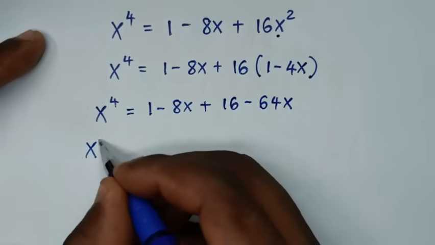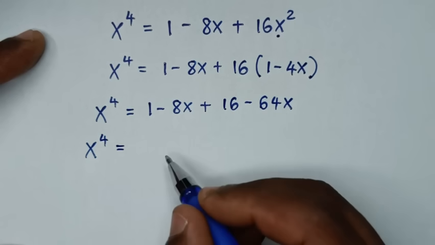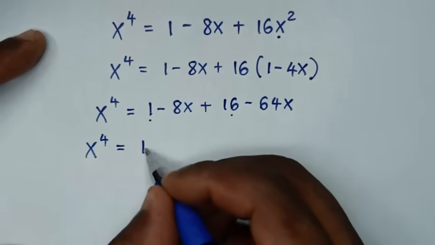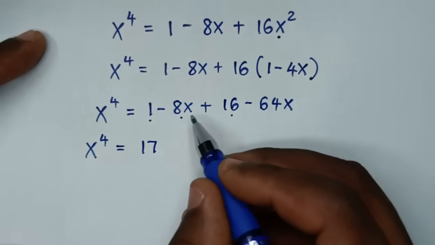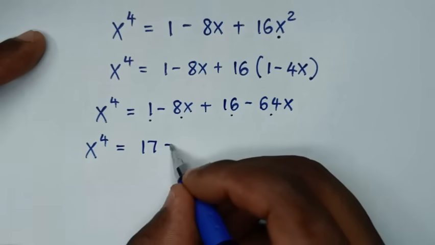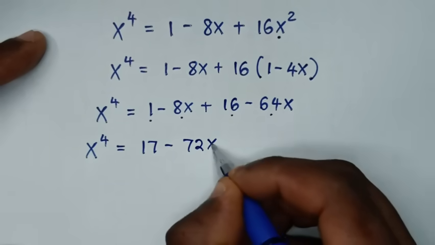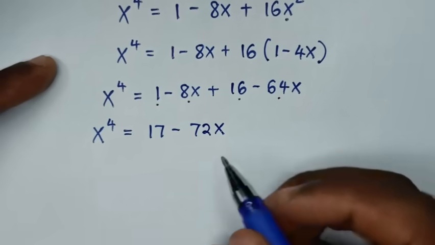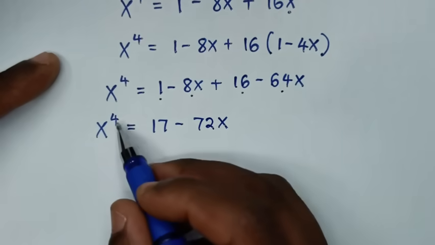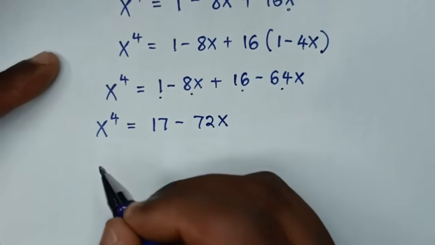Then it will be x to the power of 4 is equal to 1 plus 16 is 17, minus 8x minus 64x is minus 72x. Then in the next step, from here x to the power of 4 until x to the power of 8, we will square on both sides.